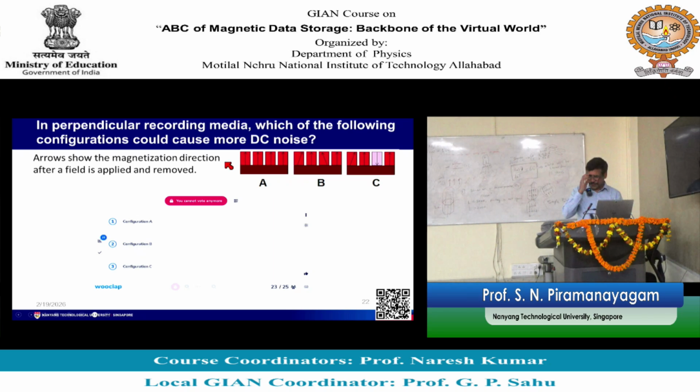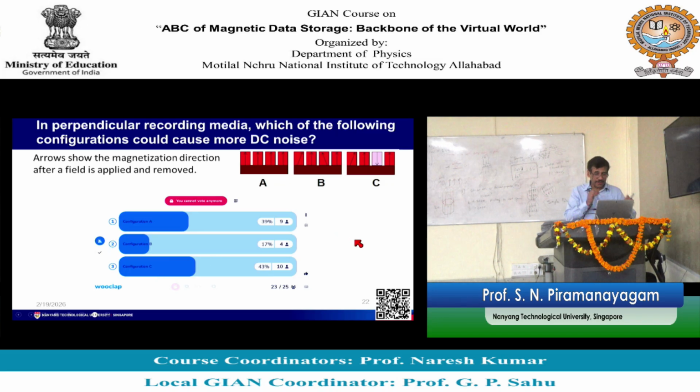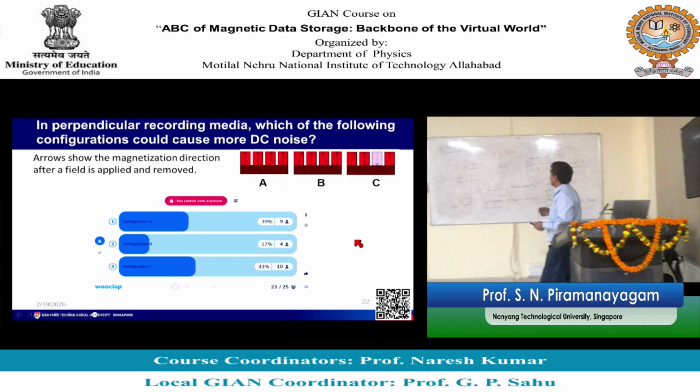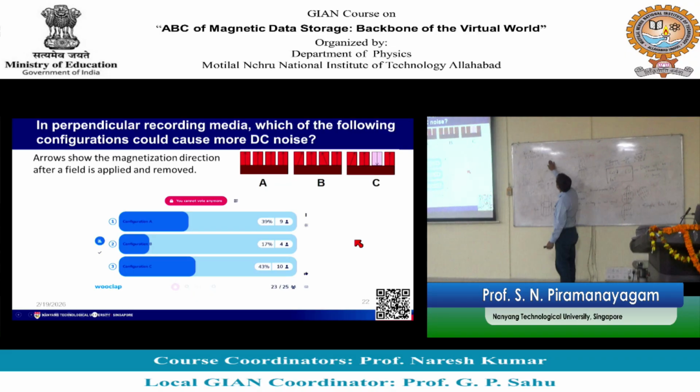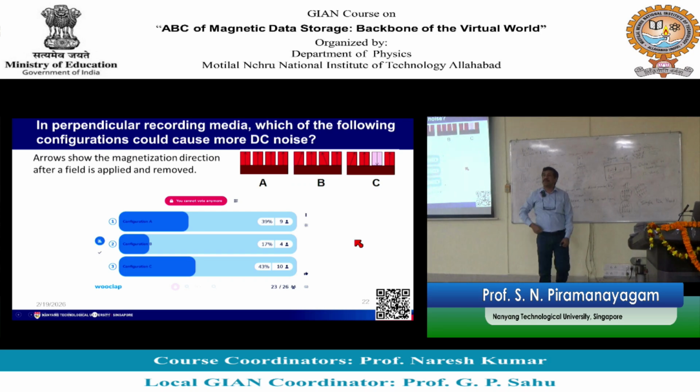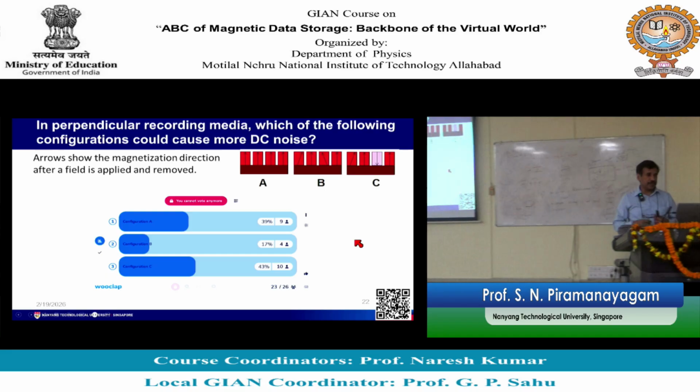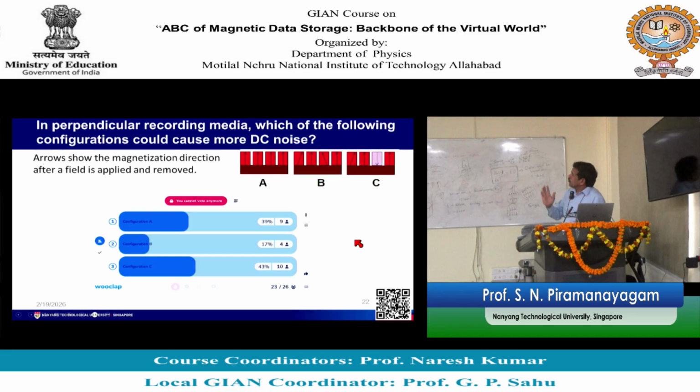Okay, so when you erase media, you want all the magnetization to be perpendicular. So, A is the most preferred, B is less preferred, C is the least preferred. Okay, so C is the correct answer. In longitudinal recording, we want them to be perfectly parallel, right. That is the one which gives the least DC noise. Here we want them to be completely perpendicular. So, A is the best one.